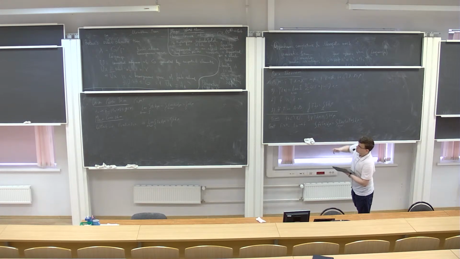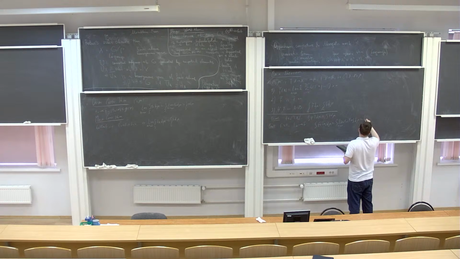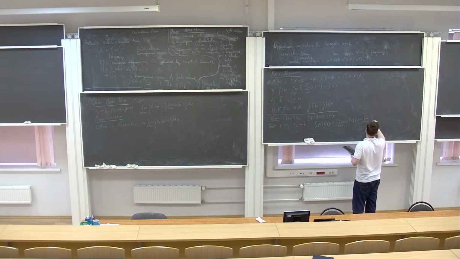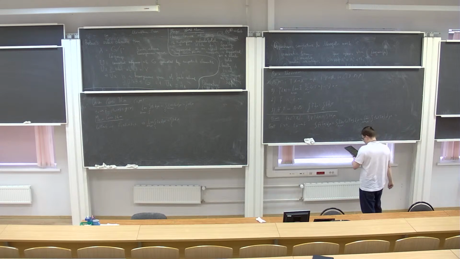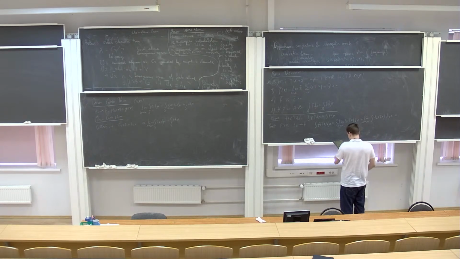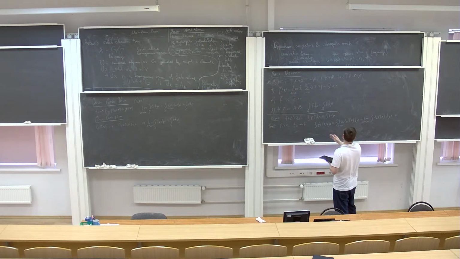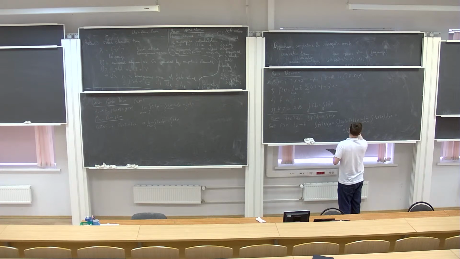We're already using the dominated convergence theorem, so we're going to do it like this. Now, since this statement is obvious for simple functions, we can use it: fn of x d mu.